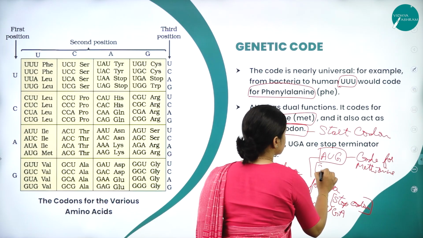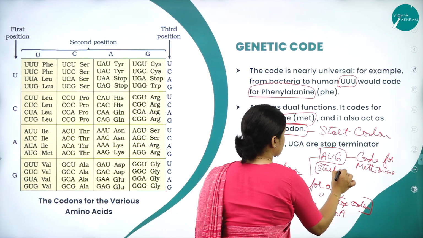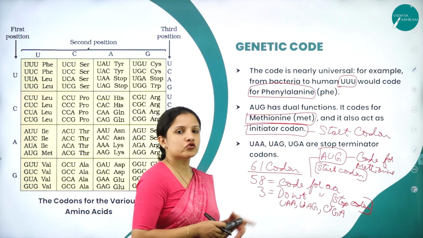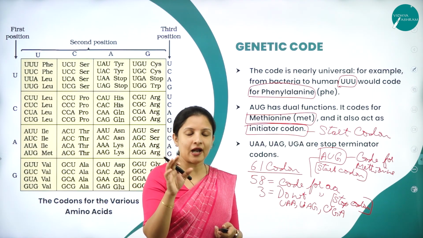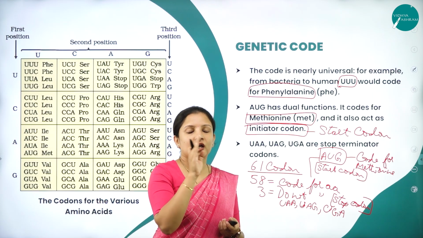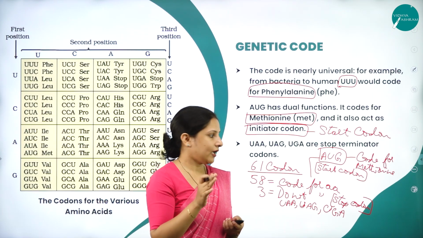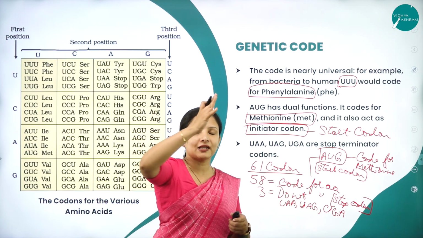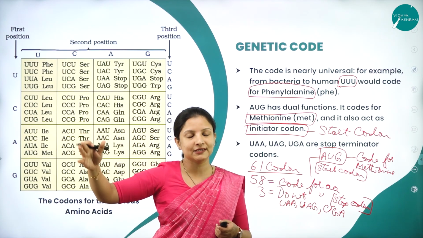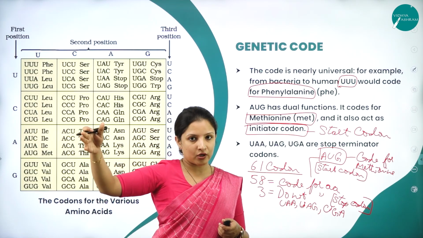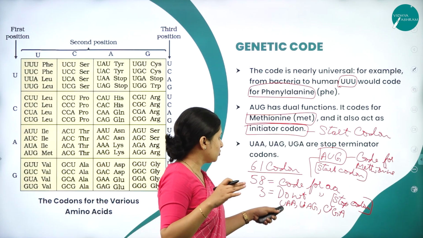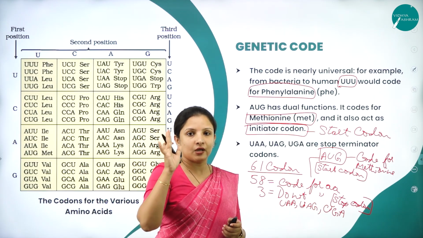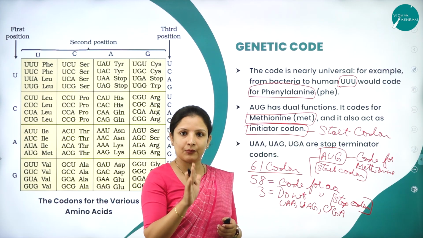Along with that, it also acts as a start codon or an initiator codon, meaning wherever AUG is present on the mRNA strand, there the coding for the amino acid will start, and the formation of amino acids by the triplet codons will keep on taking place until UAA, UAG or UGA is reached, and there the coding will come to a halt or a stop.